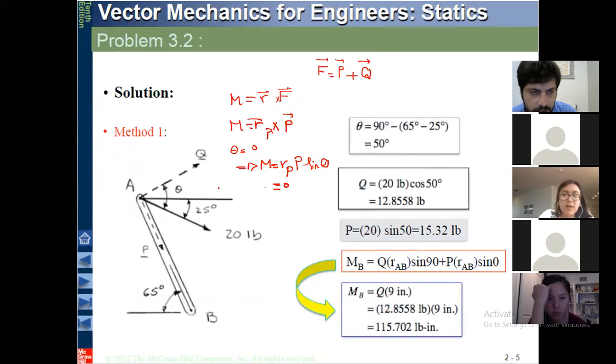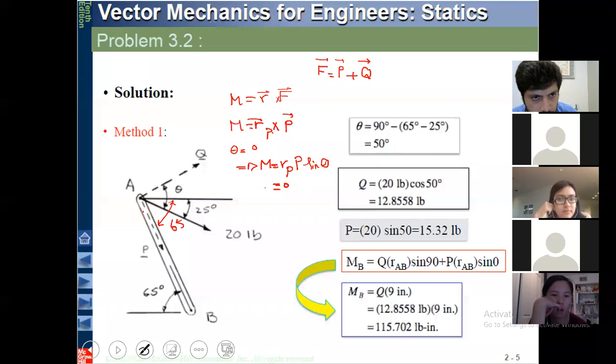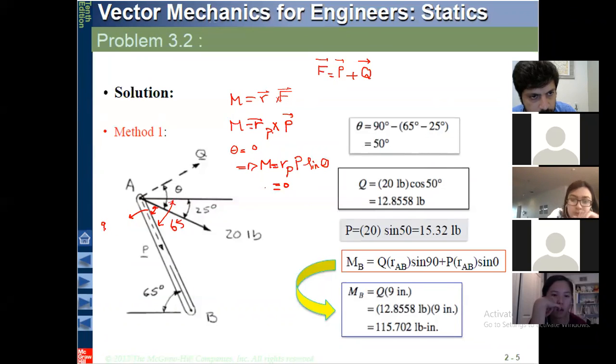So let's first calculate the magnitude of forces Q and P. You have 65 degrees here. Then this angle is going to be 65, and so this angle is 90 minus 65. Let's call it alpha.